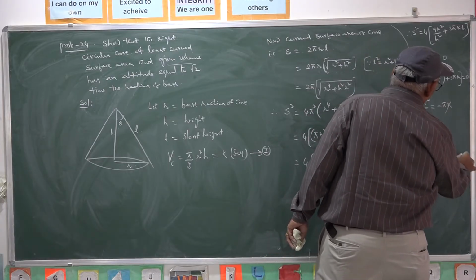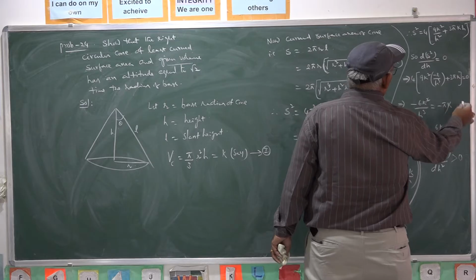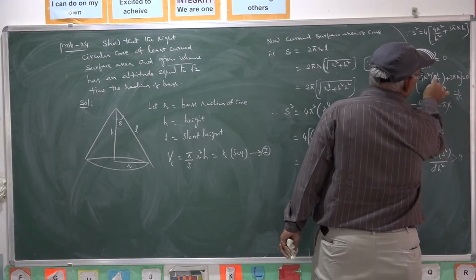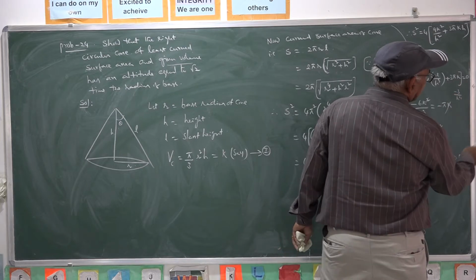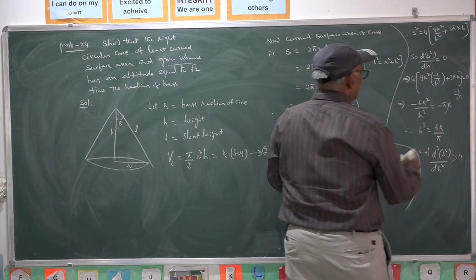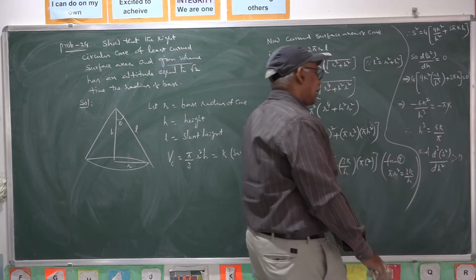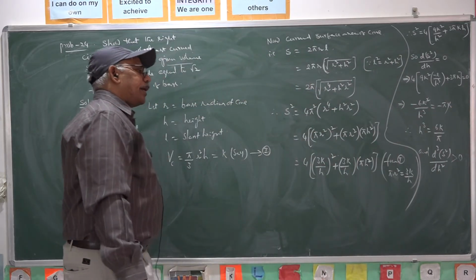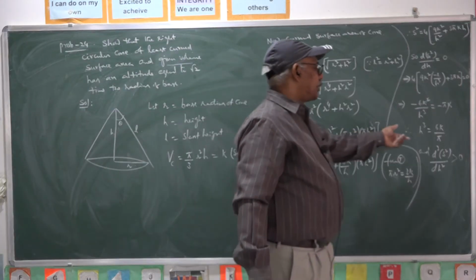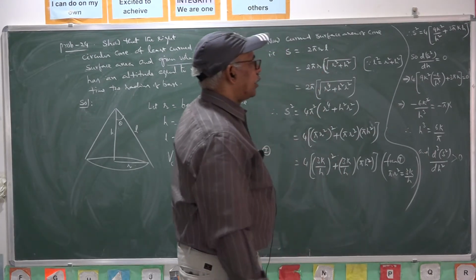This is clearly positive because the derivative of 1 by h cube is minus 3 by h power 4, and with the minus already there, minus 2 into minus 3 gives plus. So totally we get plus. So clearly d square s square by dh square is positive for this value also.